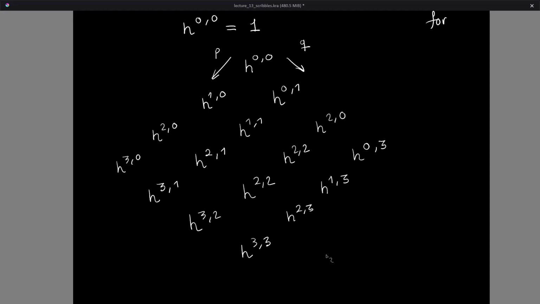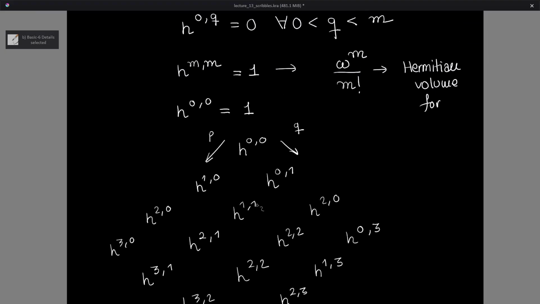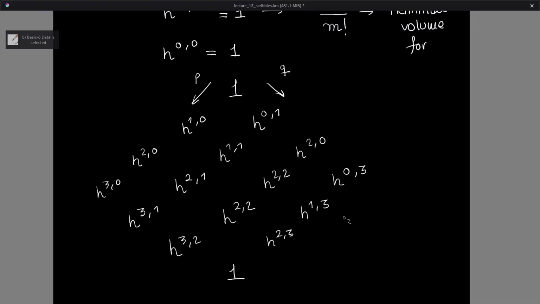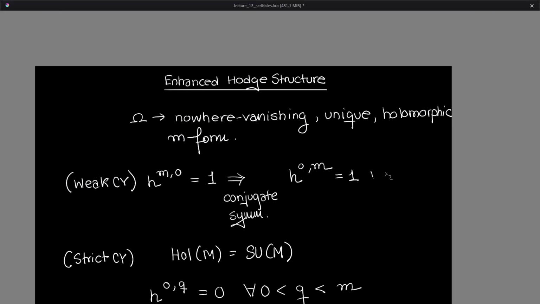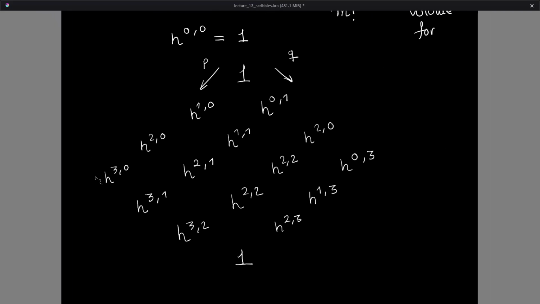For any Calabi-Yau, we'll always have that H^{3,3} is equal to 1, and we'll have H^{0,0} equal to 1 by Serre duality. And then we know from this property here that this will be 1, and by conjugate symmetry, this will be 1. So this is all we get so far for a weak Calabi-Yau, but then for a strict Calabi-Yau, we have some additional constraints.